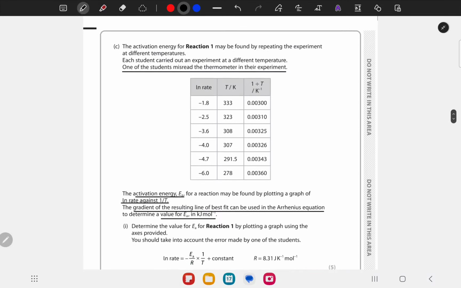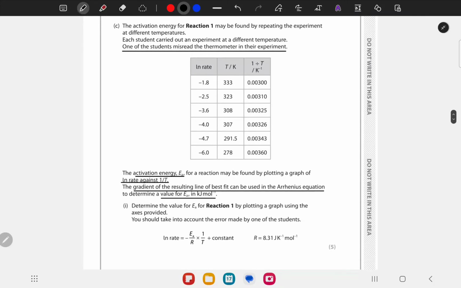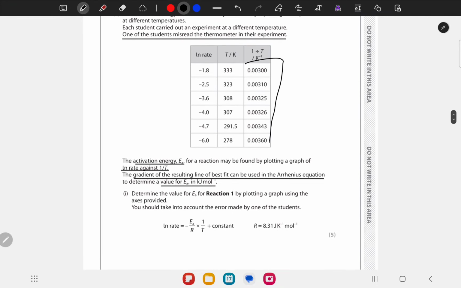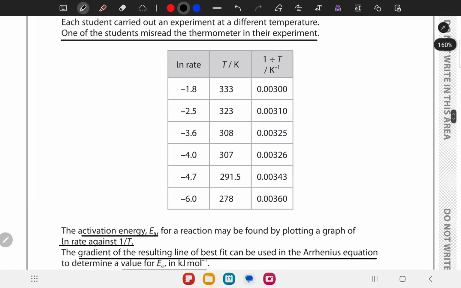Here we'll draw our graph. On the x-axis we'll have 1 by temperature. The values here range from 0.003 to 0.00360.